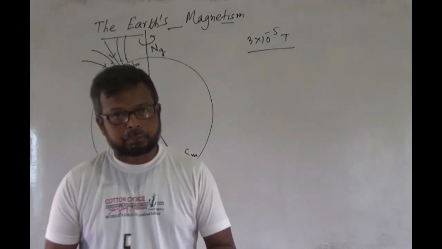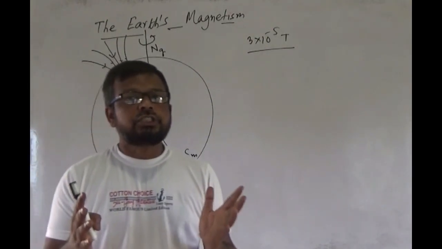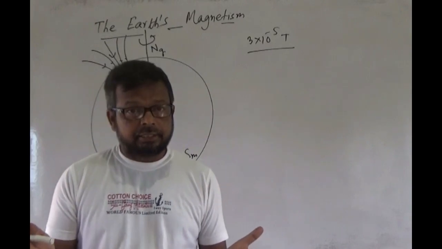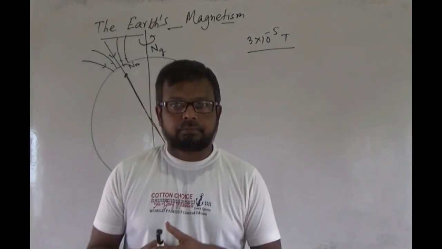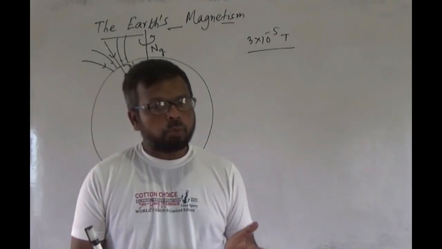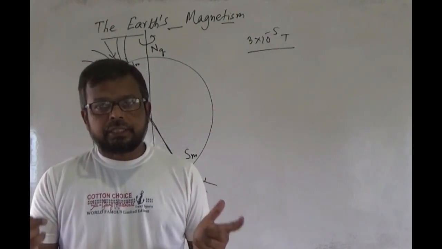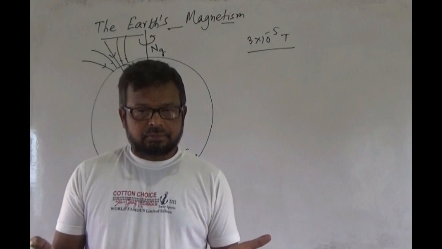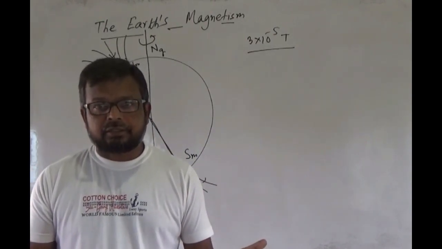Second thing, the atmosphere of the Earth consists of charged particles, right? Mainly electrons and ions. These charged particles are in motion. Why are these in motion? Because Earth is rotating. So the atmosphere surrounding the Earth is also rotating.